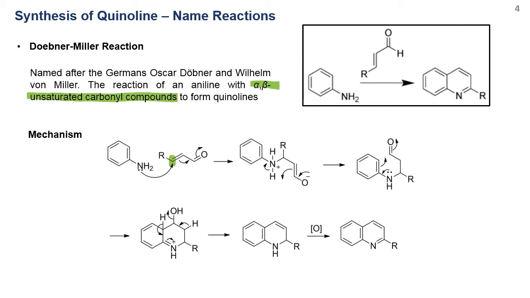So the reaction between anilines proceeds by conjugate addition, and then after that you generate the terminal aldehyde here that can react with the nucleophilic ortho position of the aniline, and after elimination you form almost the quinoline, and then you do oxidation to make the aromatic system quinoline.